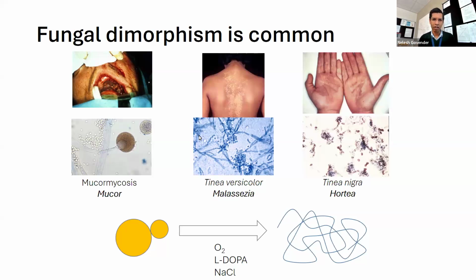And then Hortaea werneckii, which causes tinea nigra, which is these hyperpigmented papules, usually on the palms and sometimes the soles, transforms from a yeast to a mold in the presence of increased salt.